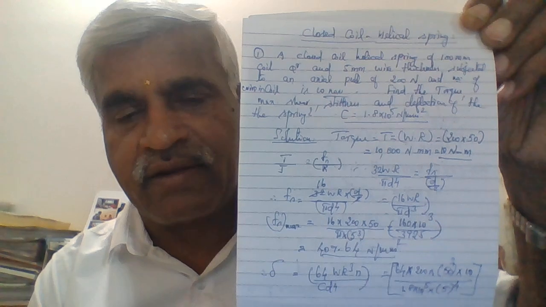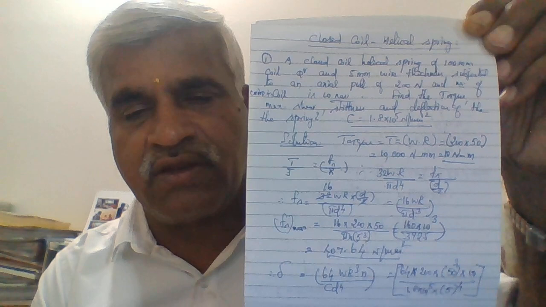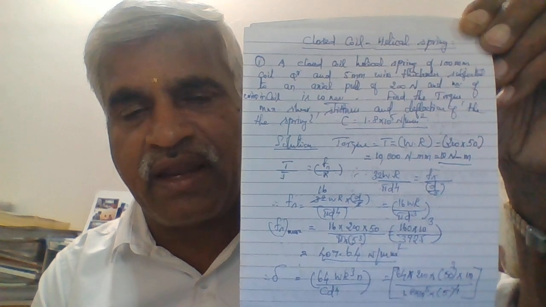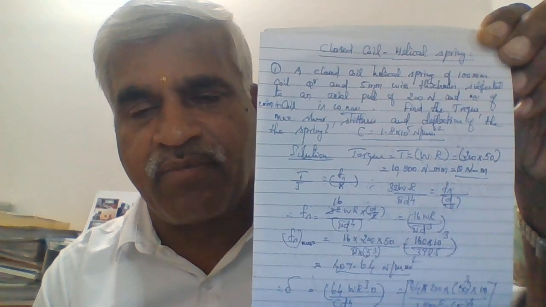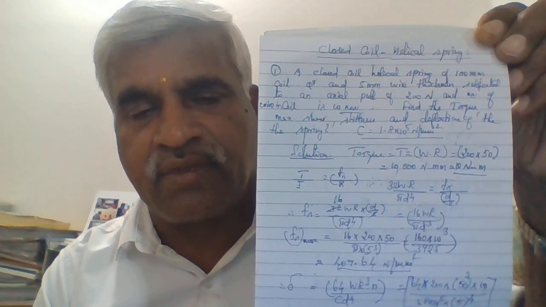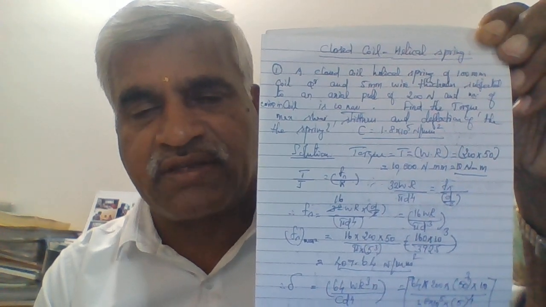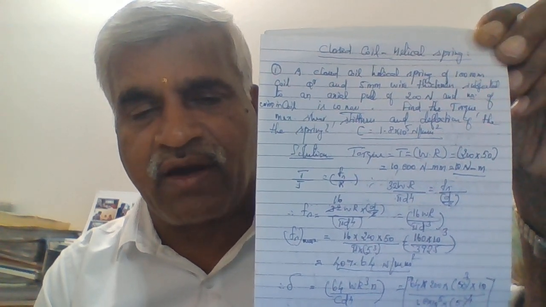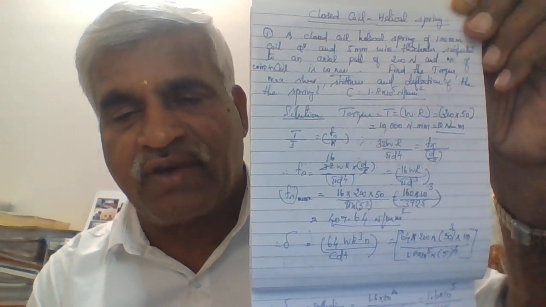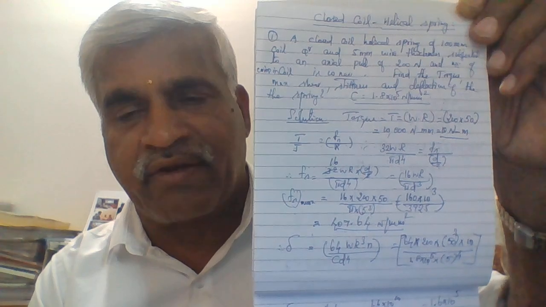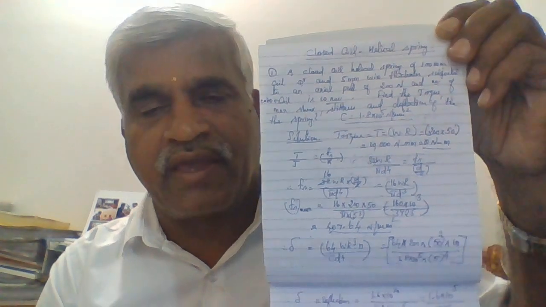So here T is the torque 10 Newton meter or 10 into 10 power 3 Newton millimeter, divided by J is nothing but pi into d power 4 by 32, that is equal to Fs divided by d by 2. If you are working out, we are getting an equation of Fs max is equal to 16 Wr divided by pi d cube. So that is the equation you will get.